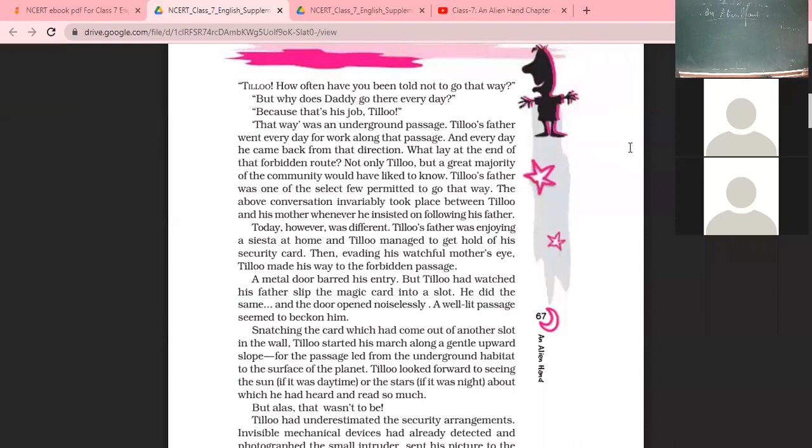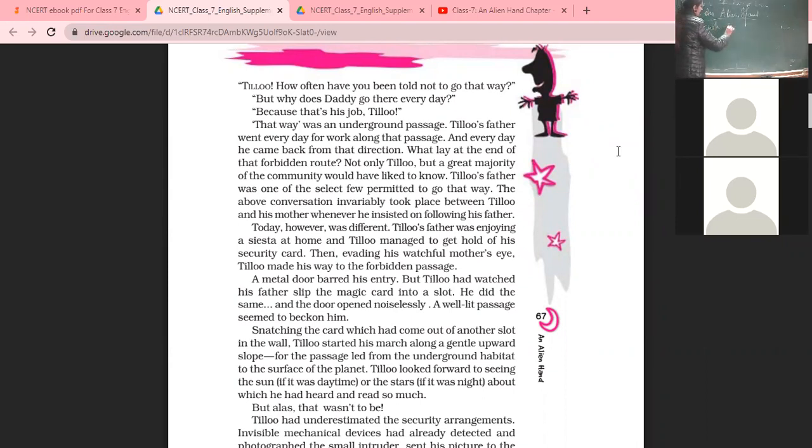Today, however, was different. Tilu's father was enjoying a siesta. So what is a siesta? A siesta is a short nap, which you have in the afternoon after lunch.